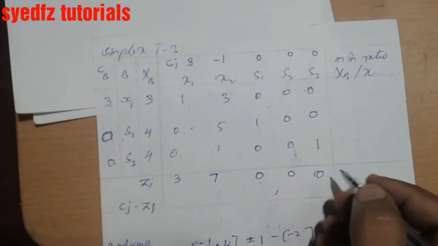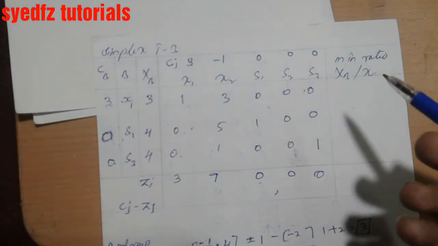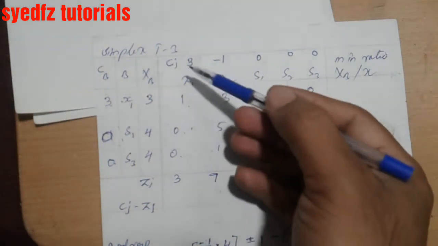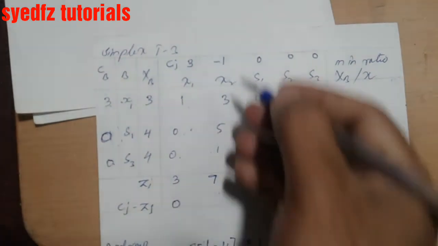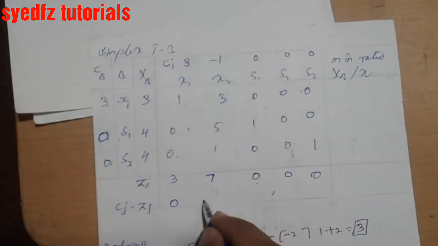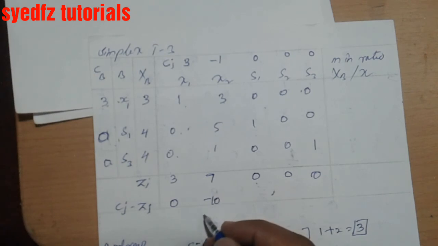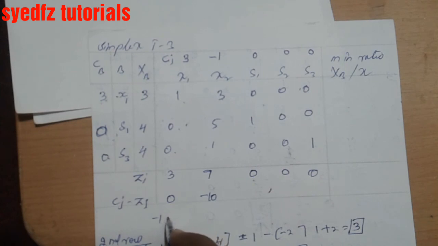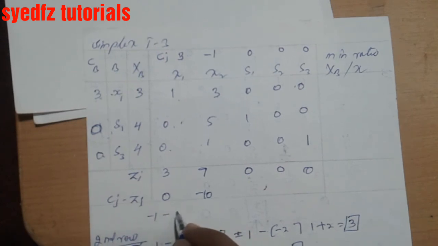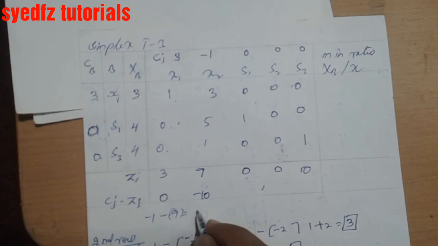Now CJ minus ZJ: 3 minus 3, 0, and minus 1 minus 9, it is minus 10. How do you get it? Minus 1 is a minus, and this 9 is a plus. Minus into plus is minus, so both are minus, so we are adding, that's why minus 10.